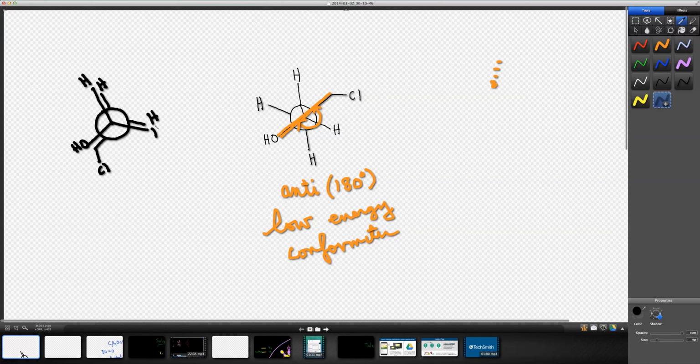Of course, this electronic repulsion is going to cause what we call steric strain. So anyway, this is the eclipsed conformation. It's very high in energy. It has a dihedral between the biggest, bulkiest atoms of 0 degrees, and this is the highest energy conformation.